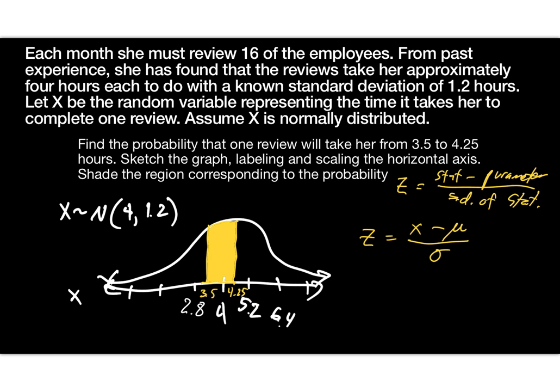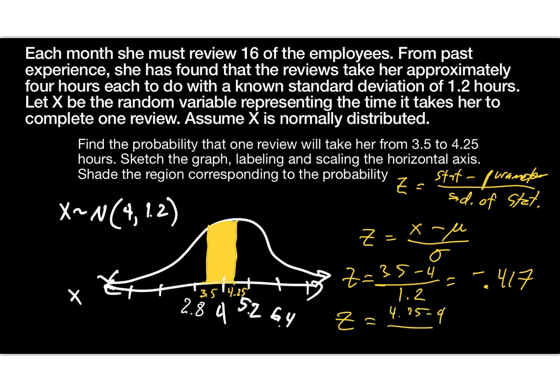So I'm going to have Z equals 3.5 minus 4 over 1.2. Someone who already calculated that can tell me what that number is? Negative point what? 417. And then Z equals the upper value, 4.25 minus 4 divided by 1.2.